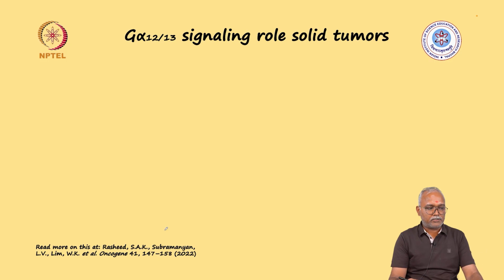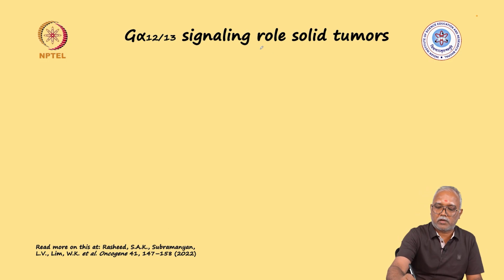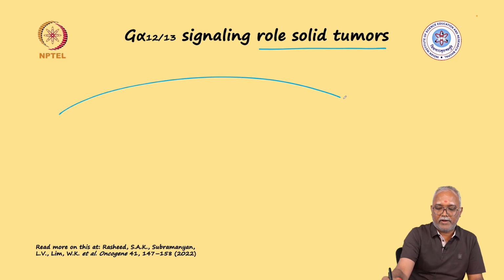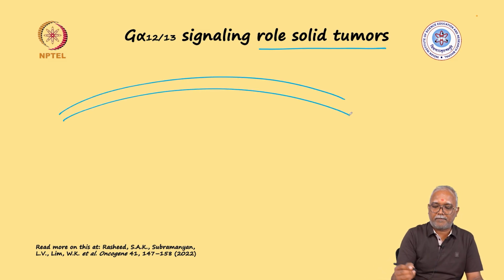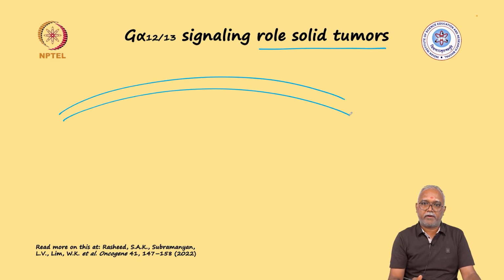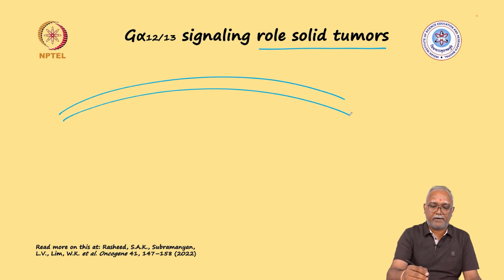What has also been understood lately about the G alpha 12-13 is their role in solid tumor, where it engages with, or touches base with, many more signaling events which are happening over there.